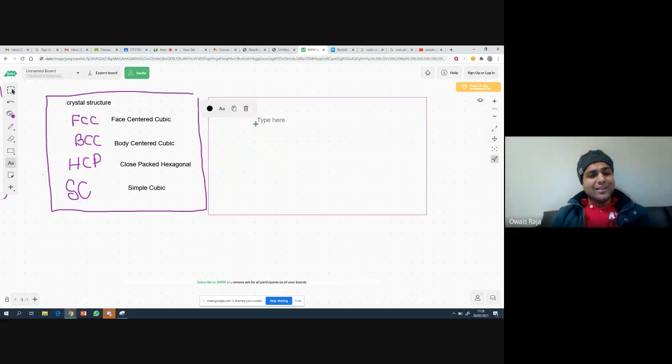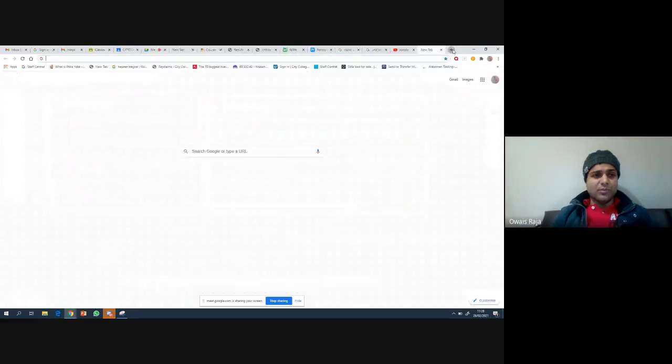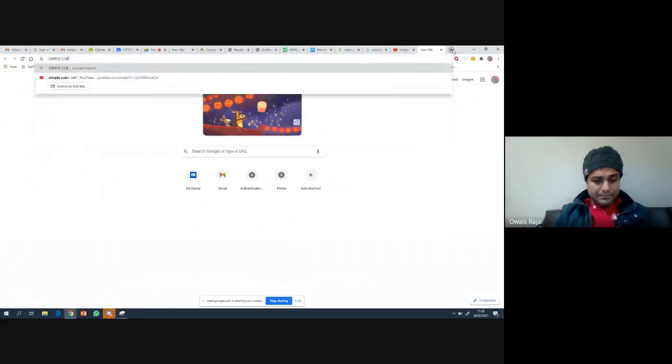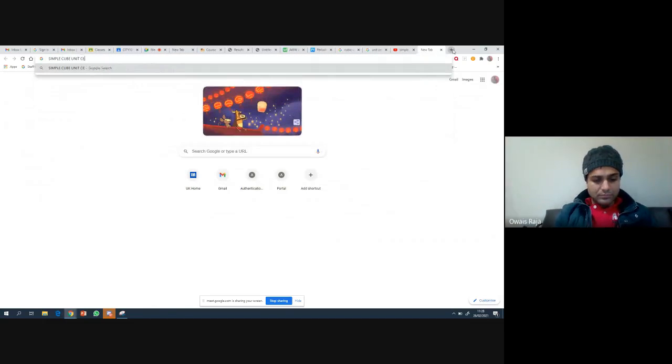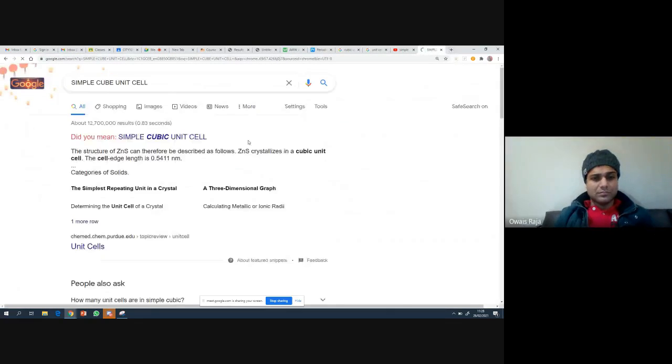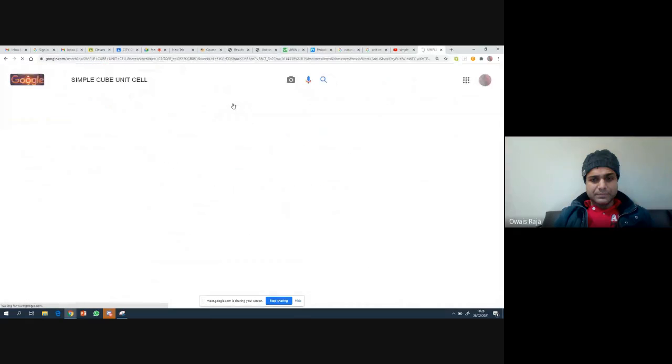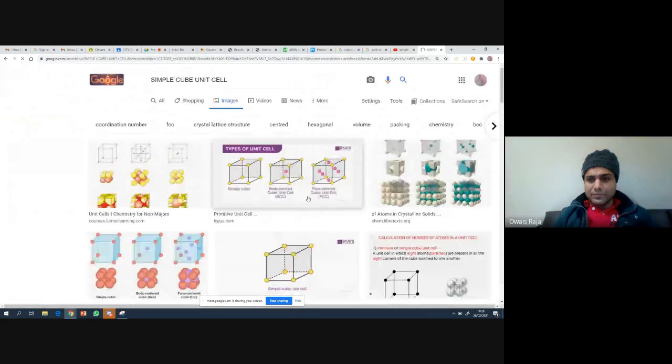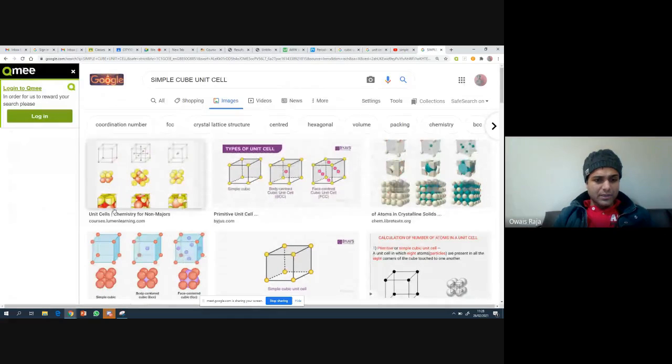So now let's have a look at the unit cell of the simple cubic. What does a unit cell of a simple cubic look like?